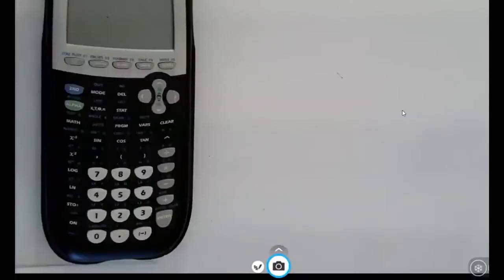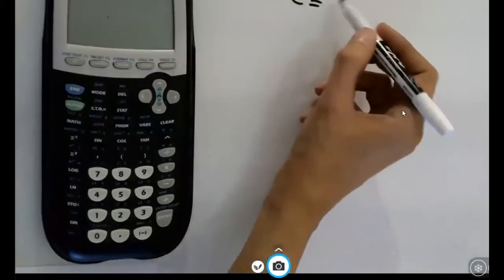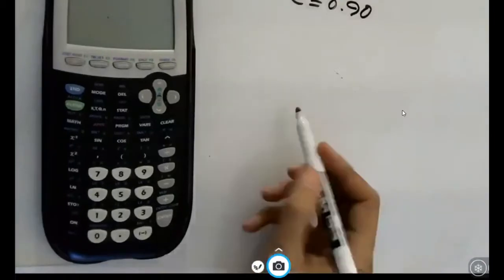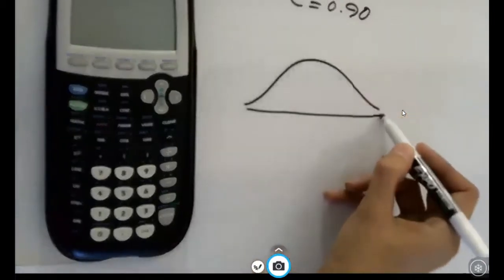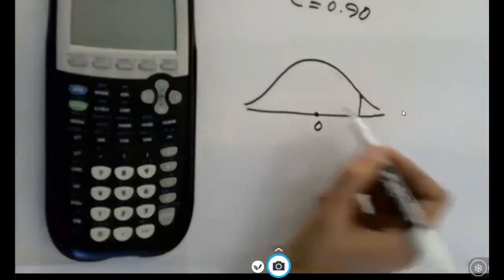So let's take a look at our calculator to actually find the critical values. So here you have C, the confidence level, which is 90%. Here we have a standard normal distribution, so 0. And here you have 90%.